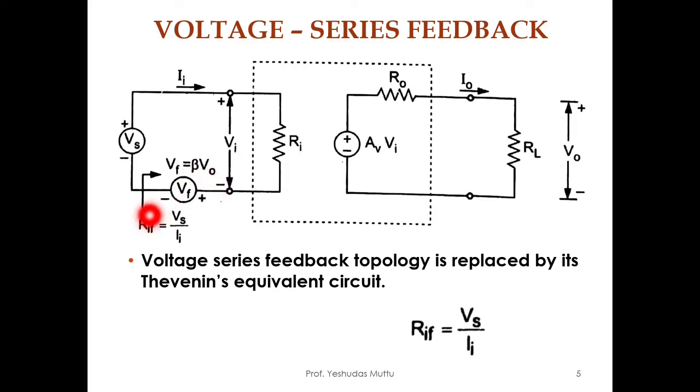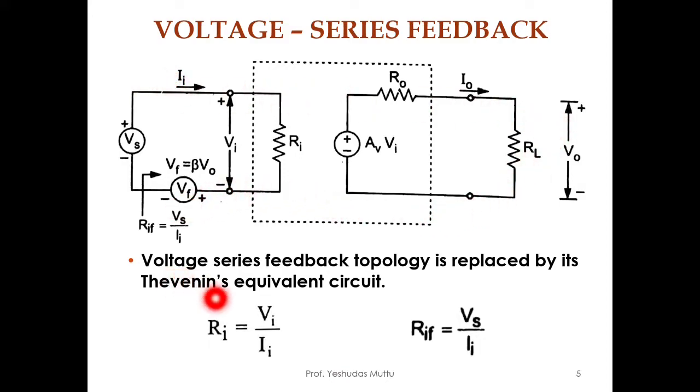Now, what we are doing in this particular lecture video is trying to find out RIF, that is input resistance with feedback, which is given as Vs by II. So let us start. This particular network is just like your Thevenin circuit, we had discussed this before also.